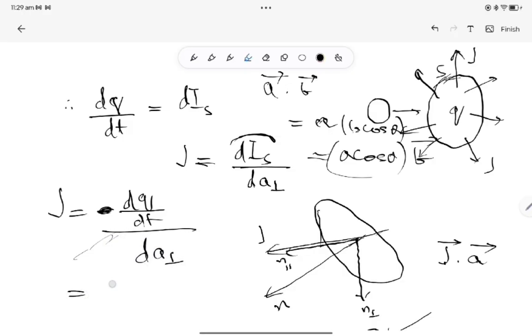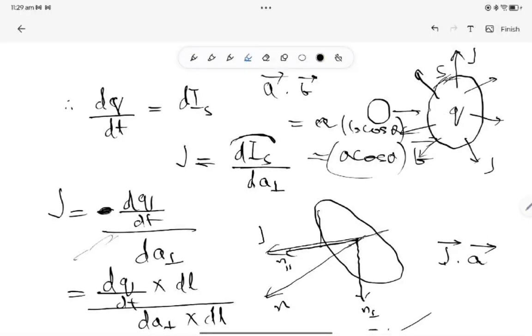Now do one more thing, that is dq by dt into dl, I will show you what dl is, divided by dA perpendicular into dl. What is this dl? For example, suppose you take an area element like this, through which current flows, and this flow begins here, and in dt time it crosses this.